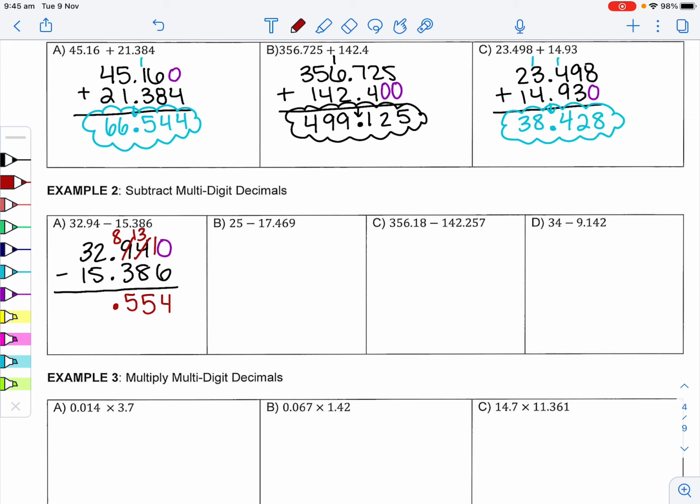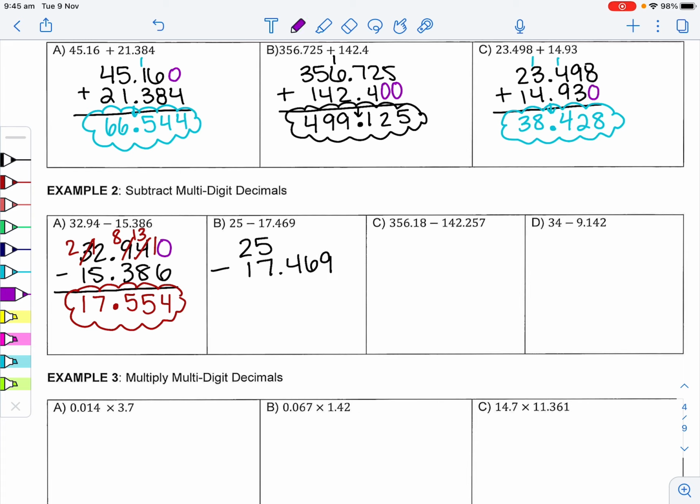And then on the other side of my decimal, I have to borrow again because I cannot do 2 minus 5. So 12 minus 5 is 7. And then 2 minus 1 is 1. So my answer here is 17.554.